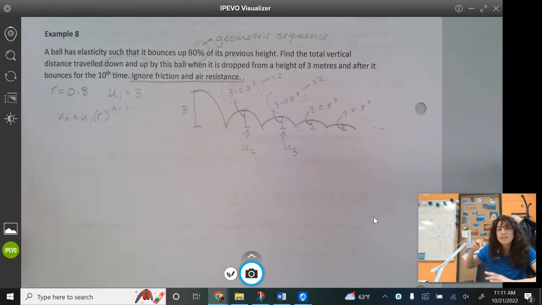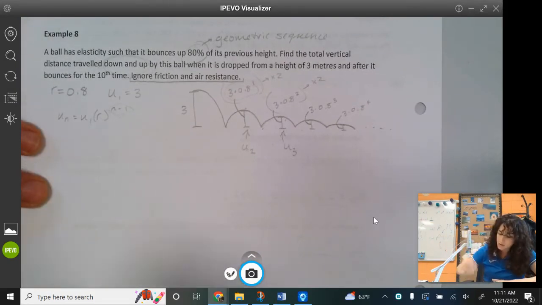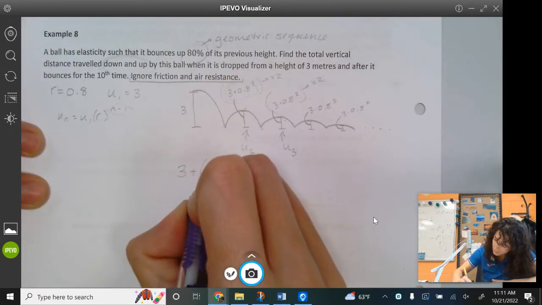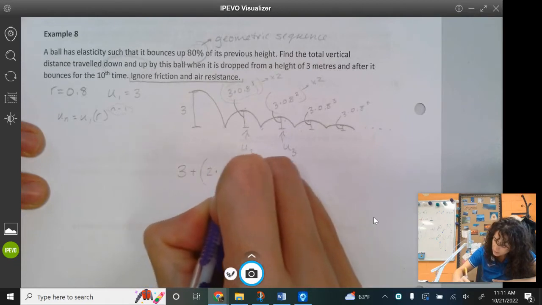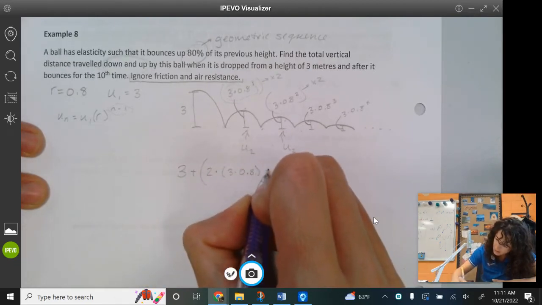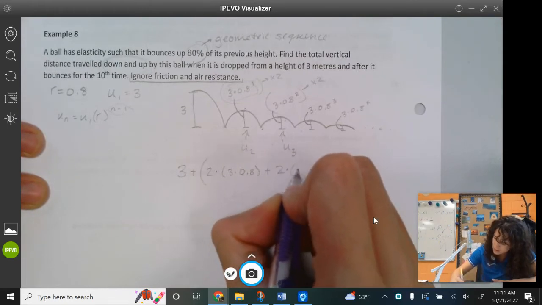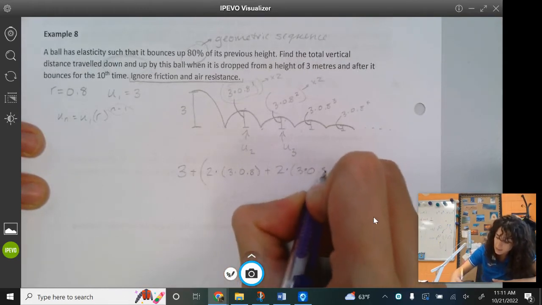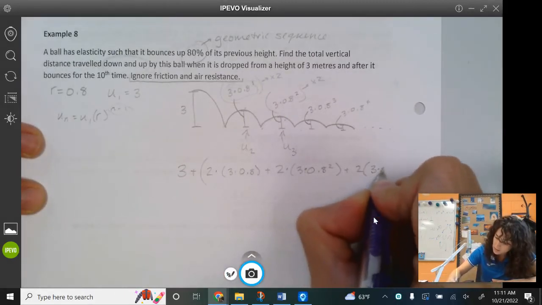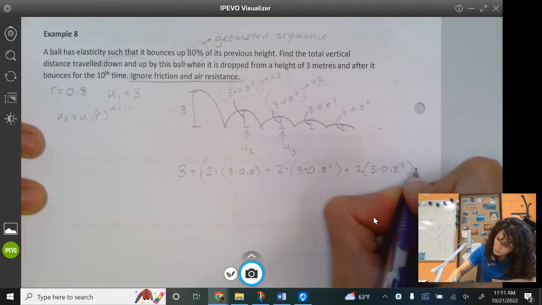Okay, so if I were to try and piece this together by brute forcing my way through, by just adding all of these distances, it would be 3 plus 2 times 3 times 0.8 to the first power plus 2 times 3 times 0.8 to the second power plus 2 times 3 times 0.8 to the third power.